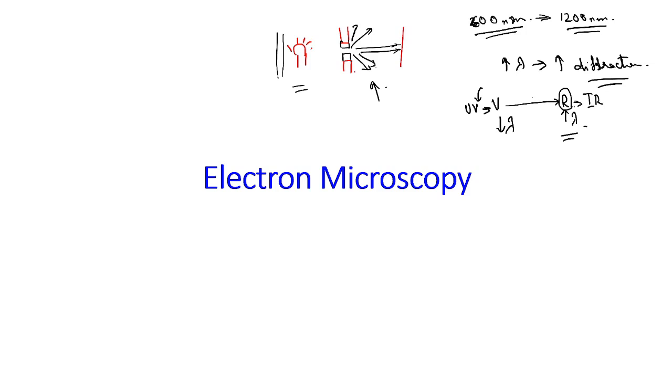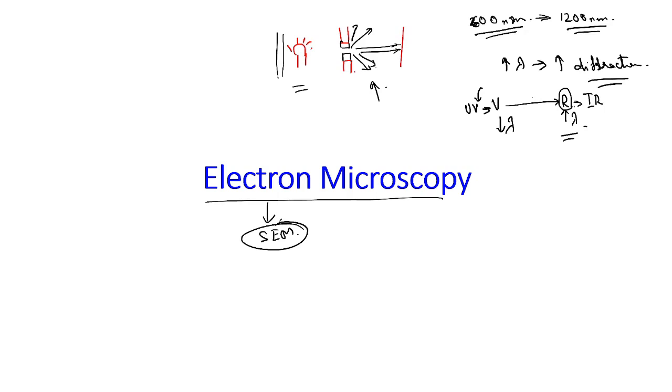Now, if we need to go towards submicron particles, we need to go towards the scanning electron microscope, which has slightly higher energy as compared to the optical wavelengths, and it will give you information about the micron size particles.